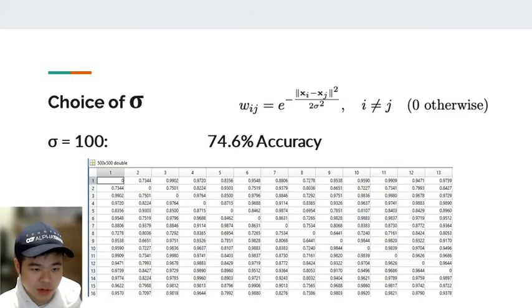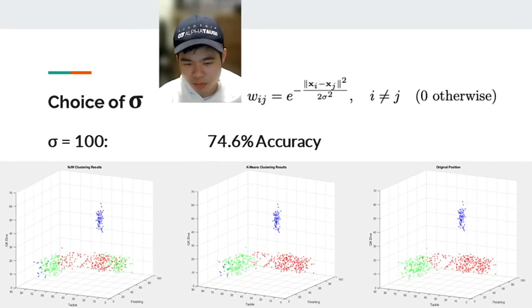So now it is worth noting that sigma, which is a term used to scale the similarity matrix, plays a very important role in the accuracy of our algorithm. We first picked sigma equals 100 and obtained the following similarity matrix. Note that the differences between entries are not that significant. So this leads to a 74.6% accuracy, which is not ideal.